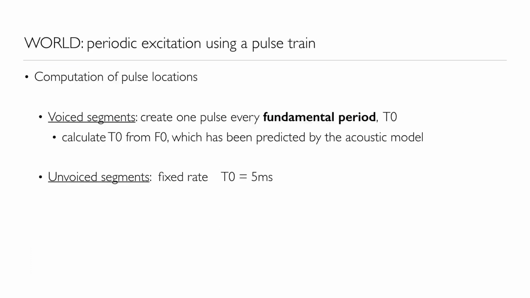So at the end we have these three raw vocoder feature streams to feed into the synthesis part of the vocoder. Okay, so we take the synthesis module of the WORLD vocoder, and the first thing it does is create a train of pulses in the time domain, in the waveform domain. These pulses are 5 milliseconds apart if the segment is unvoiced, and if the segment is voiced, the distance between these pulses is the fundamental period, which is 1 over the fundamental frequency.